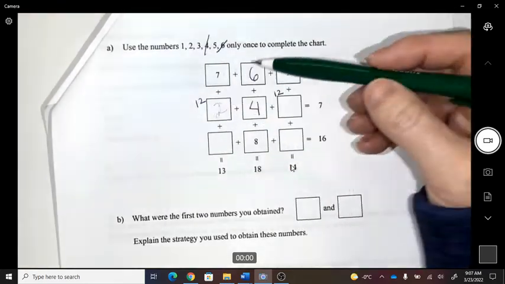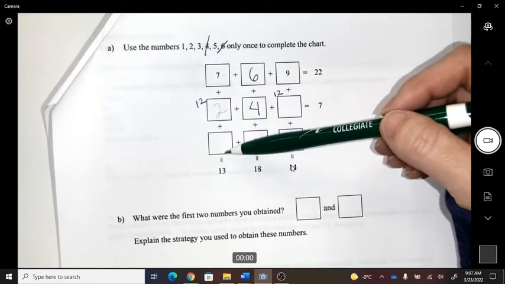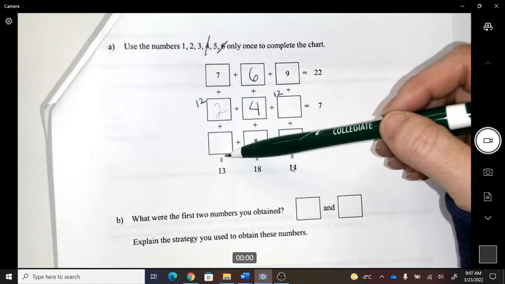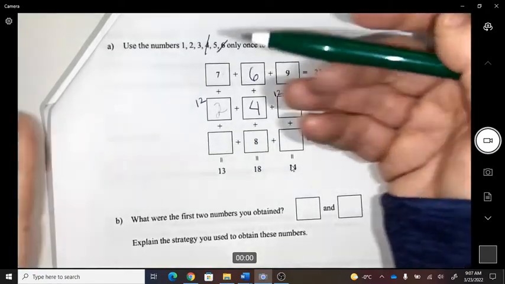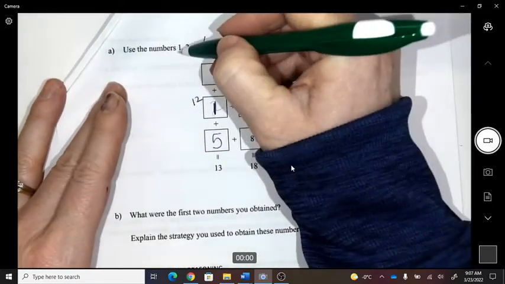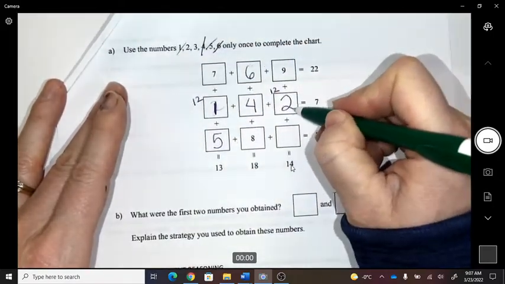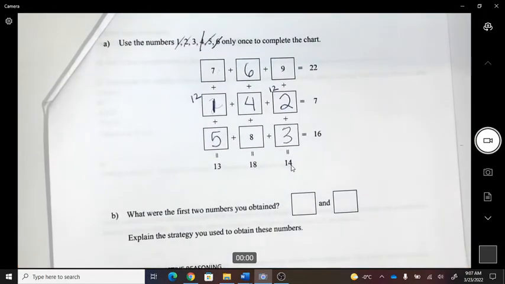Pretend it was a 2. 7, 8, 9. Then I would need a 4 to make 13. So that's a fail. So it can't be 2. So therefore, it has to be a 1. Therefore, we said that's going to be the 2, and that's going to be the 3, and then it works.